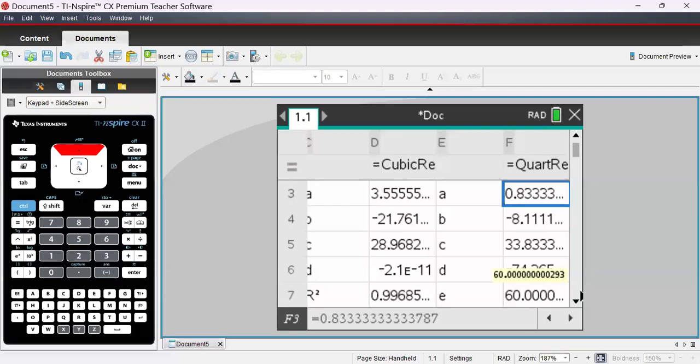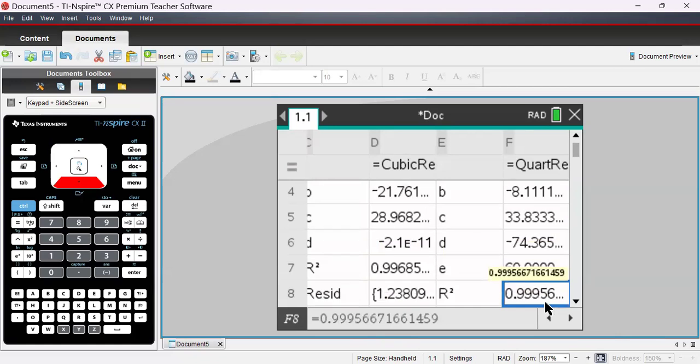B is negative 8.111. C is 33.833. D, we need to see. There's a 0 after the 5. E is just straight up 60. The r squared value is 9996.